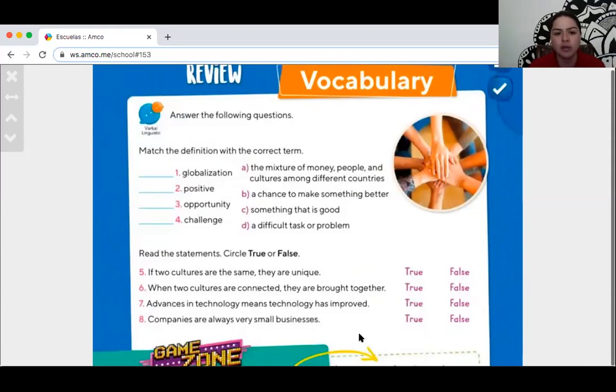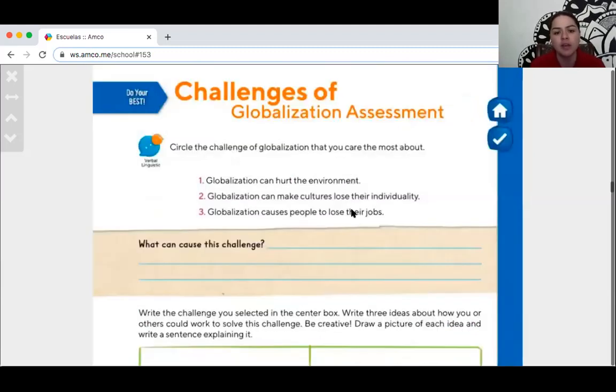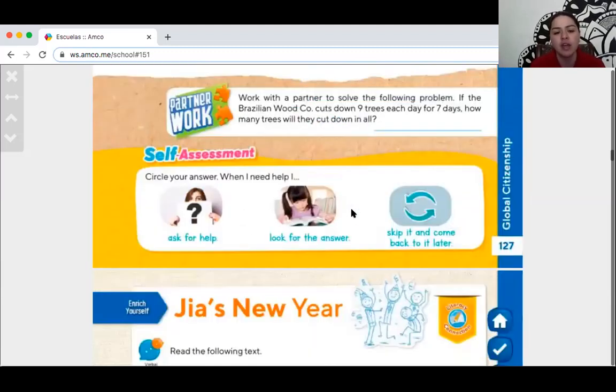Answer the following questions. Match the definition with the correct term. Okay. Here we have 1, 2, 3, 4, and then we have another 4, okay? These definitions, you will find them in your vocabularies from this section, okay?